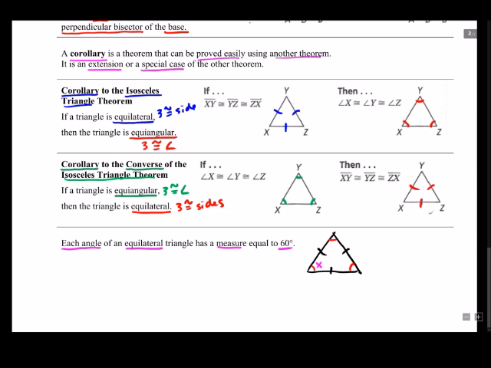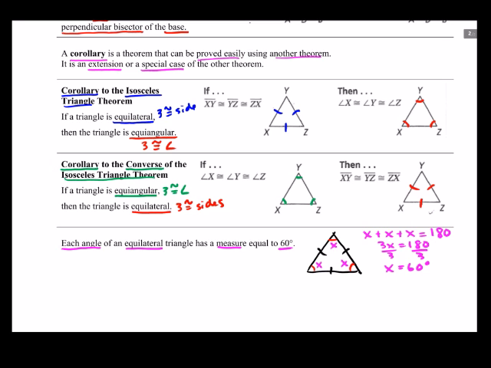If they're congruent, we know that this angle measures x degrees and this angle measures x degrees because they all have the same measure because they are congruent. By definition of congruent, they have equal measures. And by triangle angle sum theorem, I know that x plus x plus x equals 180. So 3x is 180. I simply solve for x, and x equals 60 degrees.